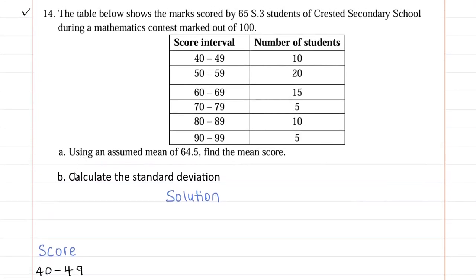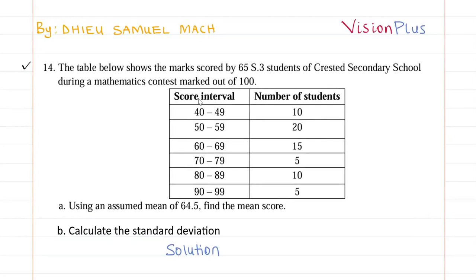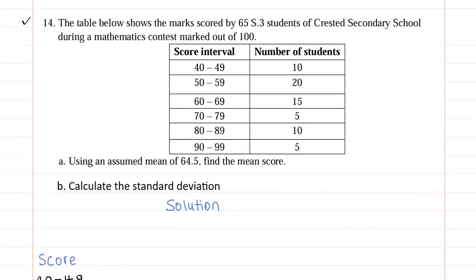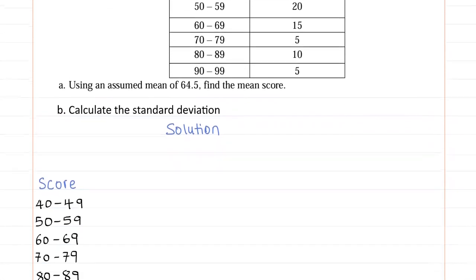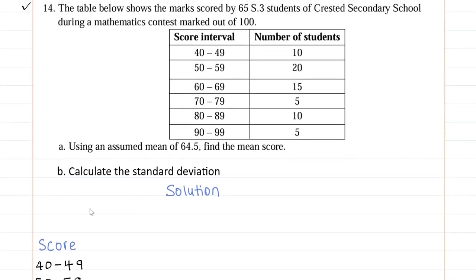You should be familiar with that, and in case you don't have enough knowledge, then visit our list of videos on this same channel, Vision Plus, for a full coverage of statistics. So we are going to organize our data in what we call frequency distribution table, or simply the frequency table.